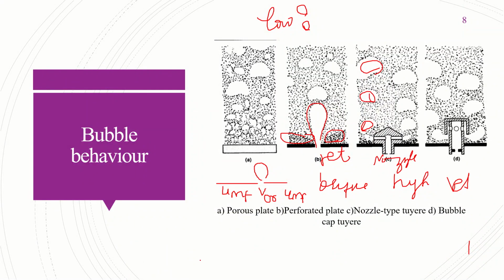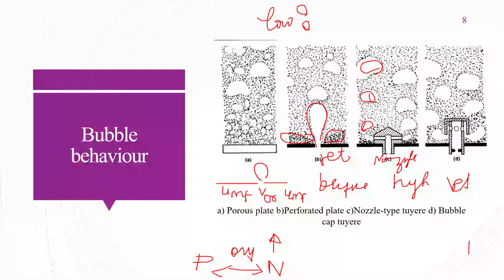So when comparing perforated plate and nozzle plate, the nozzle gave better mixing for the same orifice opening. That is the advantage of this nozzle. So if a dead zone needs to be avoided, we can go for this nozzle type.